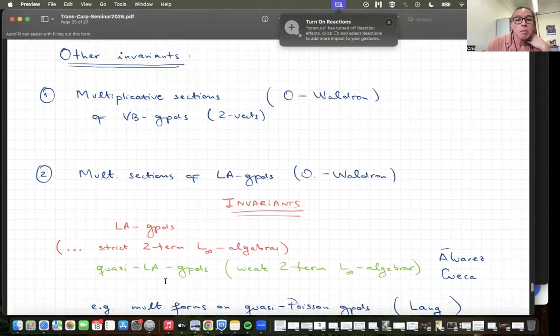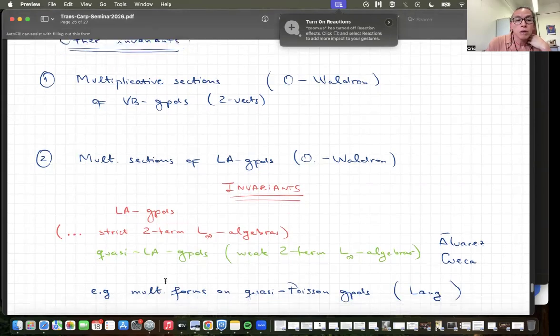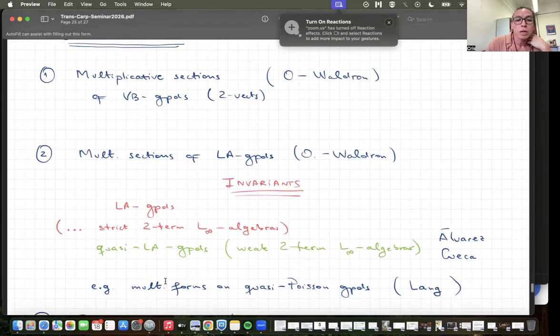As an example of this result, you can look at multiplicative forms on quasi-Poisson groupoids. This recovers the L-infinity structure introduced by Honglei Lang and her collaborators maybe 3 years ago.